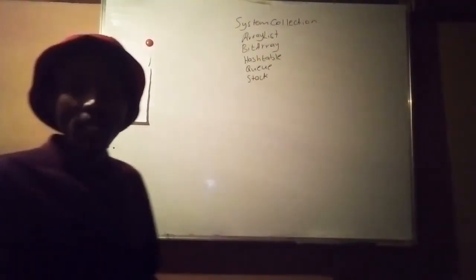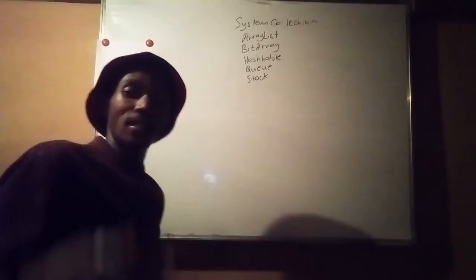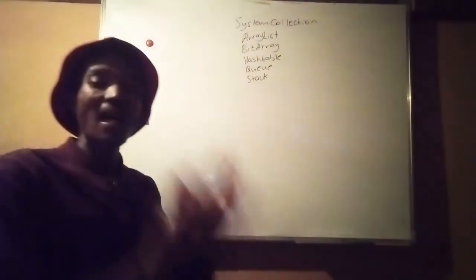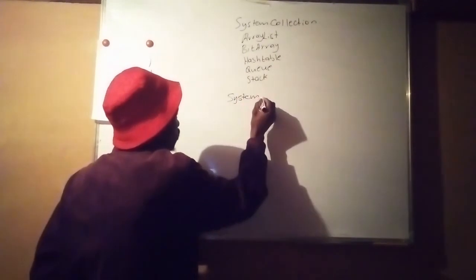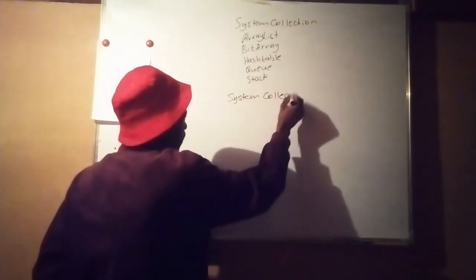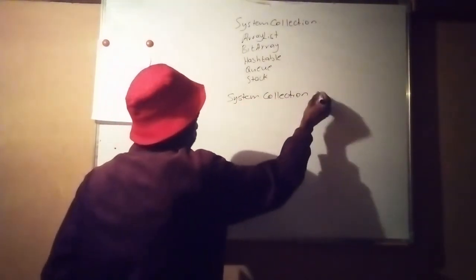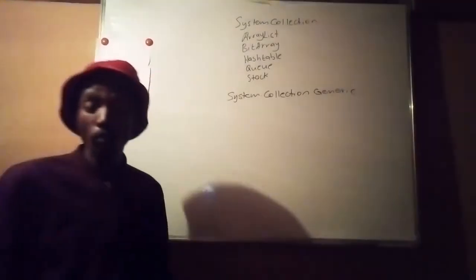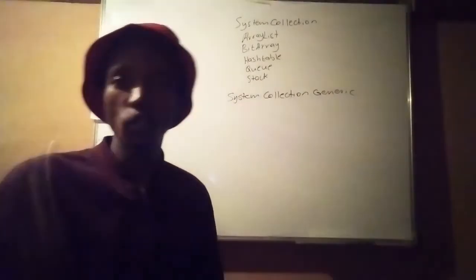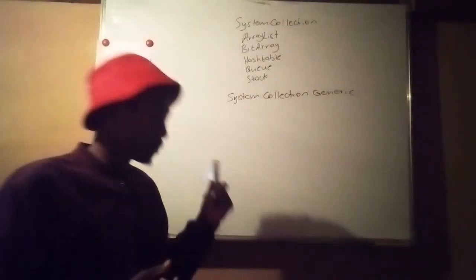Now we are looking at the generic types, and we said these generic types are defined under a brand new namespace, and that namespace is System.Collections.Generic. So you're going to have to import that namespace into your code in order to make use of these types.